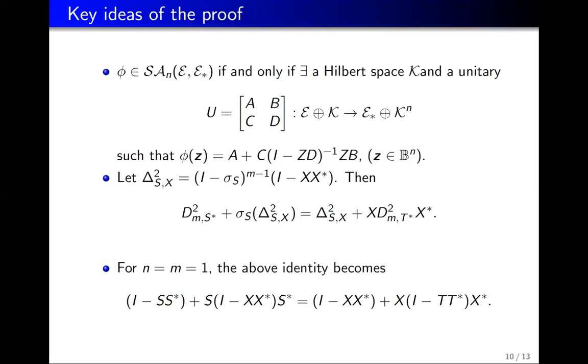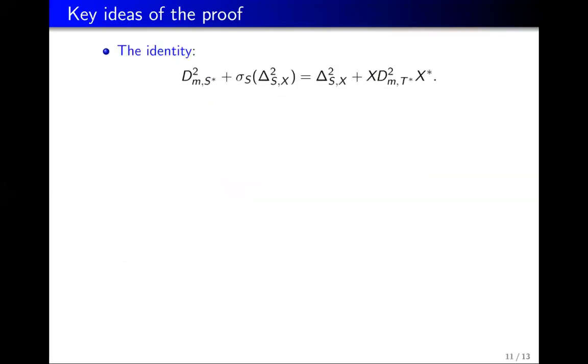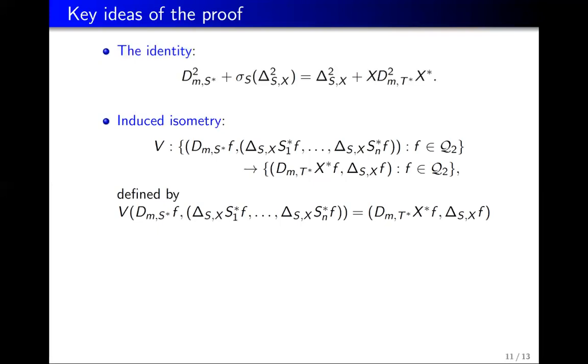Now, if you believe that such an operator identity is true, then having such an identity, one can immediately define an induced isometry on appropriate spaces. Because this V is an isometry, which one can check very easily.